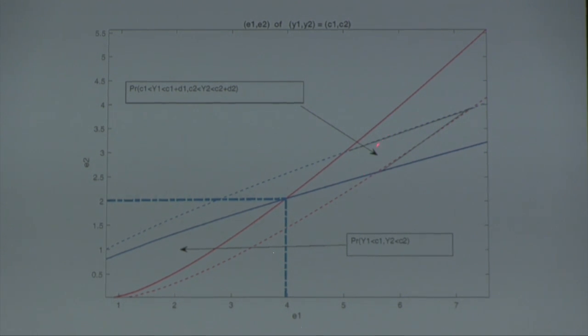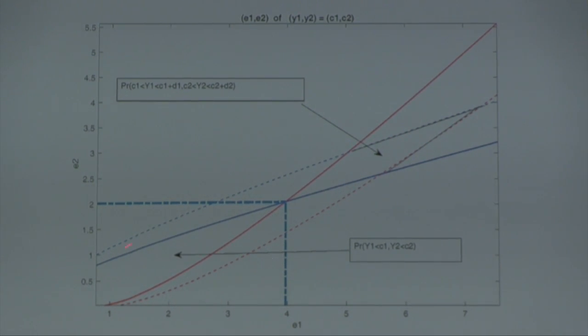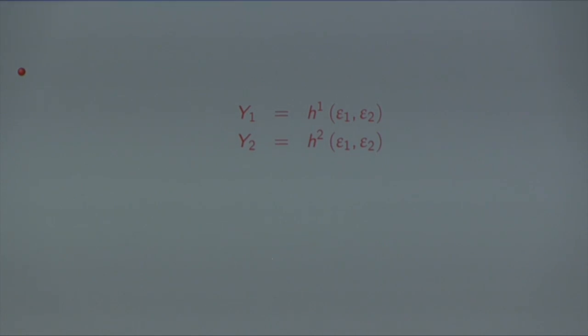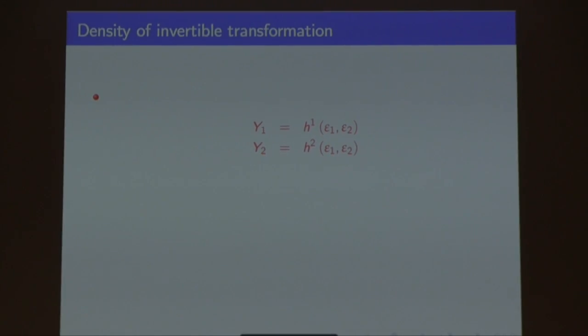So these are the vector of taste for food and taste for services of individuals that will purchase quantities of food between Y1 and Y1 plus some constant, and Y2 and Y2 plus some constant. So basically now we're mapping the change in consumption to a change in taste. So this is the relationship that we have.